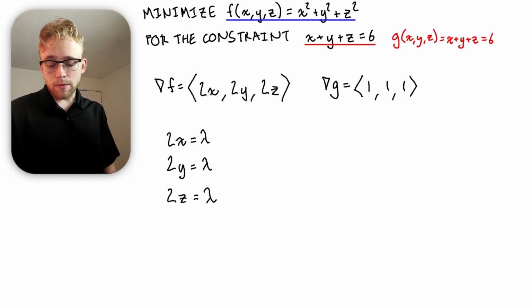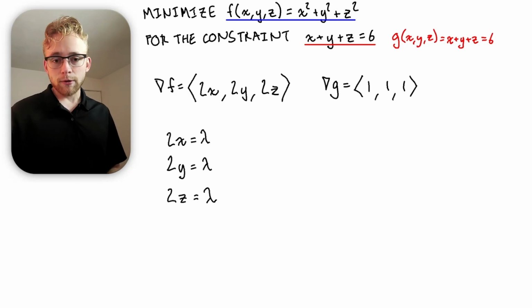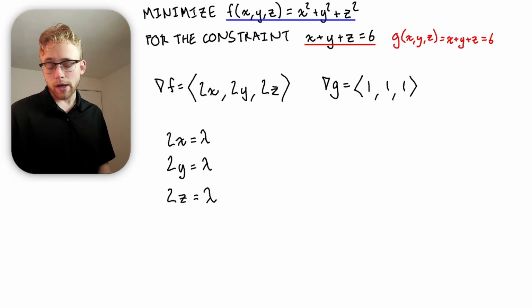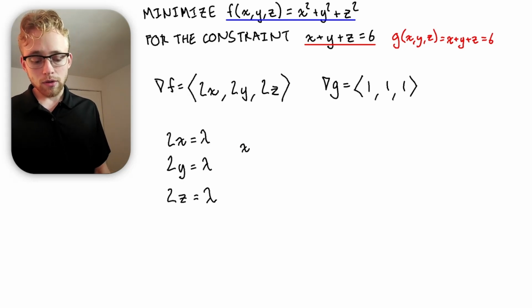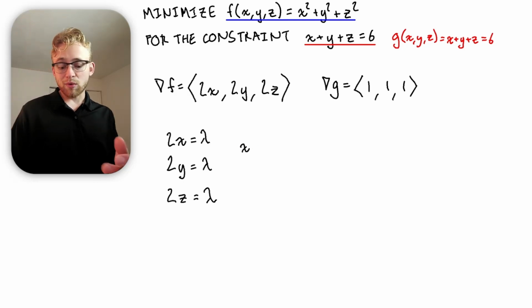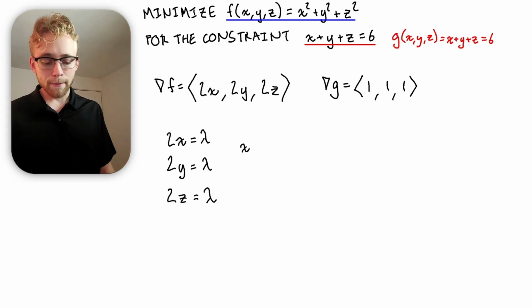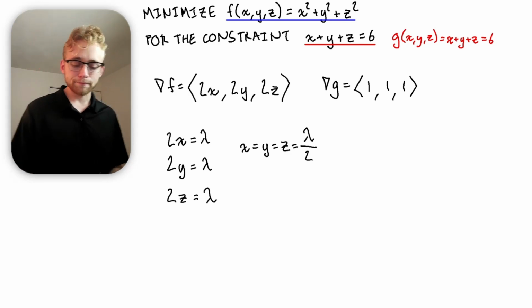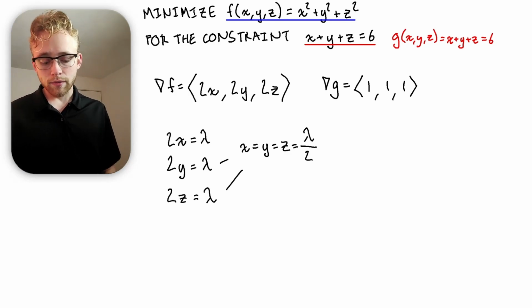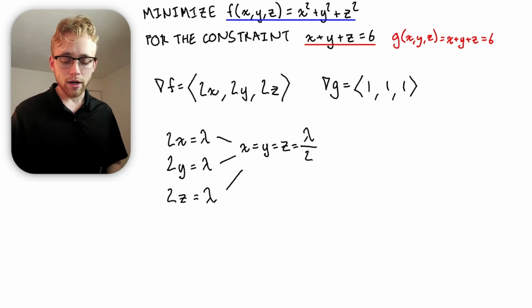From this, we can pretty much figure out that x equals y equals z in this system of equations. So x is equal to lambda over 2, right? So x equals y equals z, which is equal to lambda over 2. That's bringing all of these equations together algebraically.